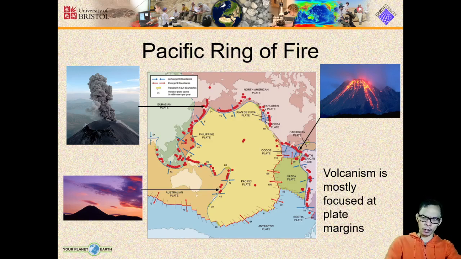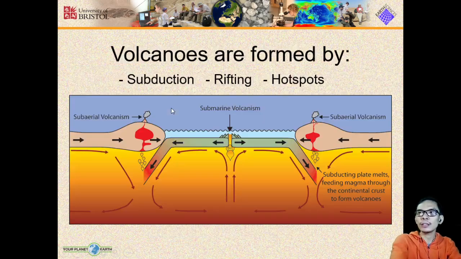Volcanoes are located at these points where the plates are colliding, to be exact. So volcanoes are formed by the following things. Number one is subduction. Number two is rifting when it happens on the continental crust.